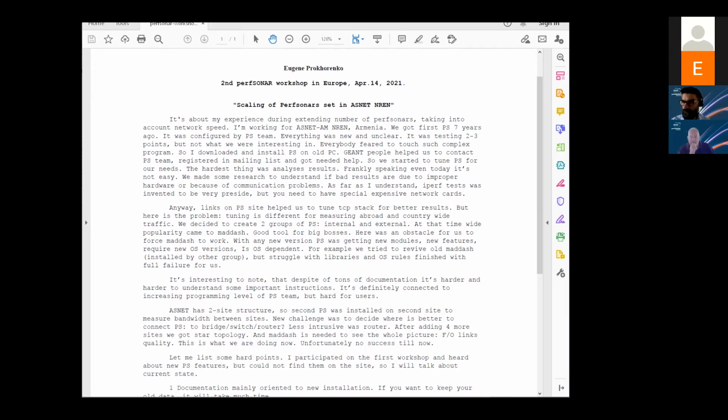What are the negative features of perfSONAR for us? At first we found a bad situation with our MaDDash. The problem is that we had a very old installation, and nobody even remembers who did it and what for, but it is strange that it was working, and we could even change parameters for the current configuration.